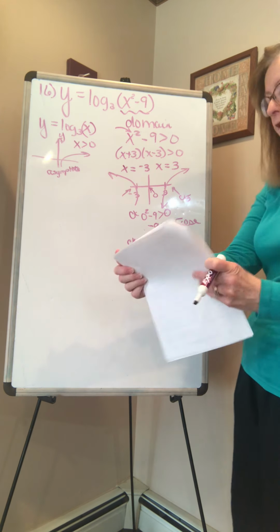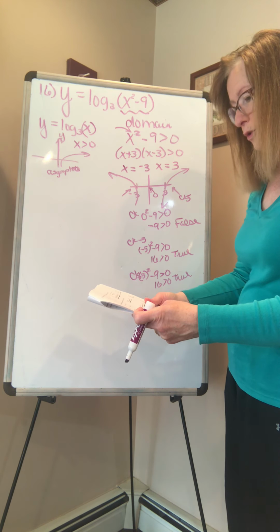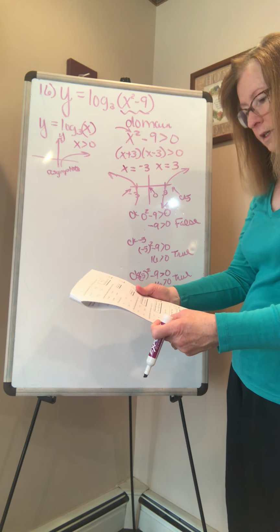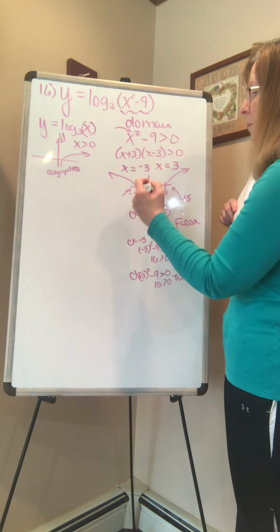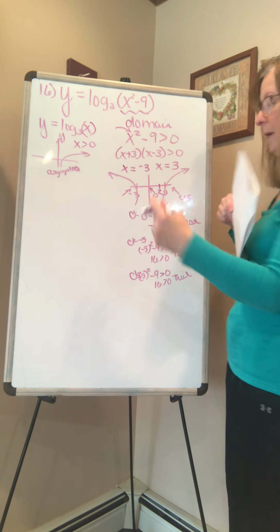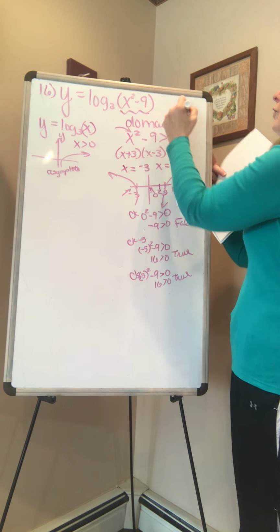So now they're saying to me, which one is not in the domain? And the choice would be 2 is not in the domain, because 2 would be right here. He's clearly not in the domain, and that was choice 2. Now that was a lot of work for multiple choice.